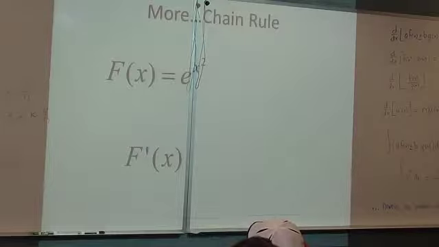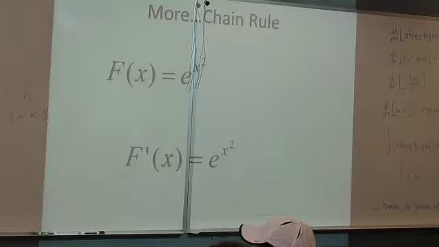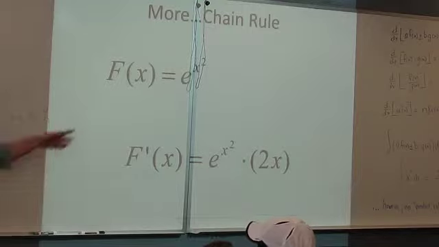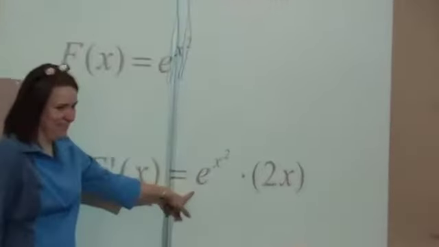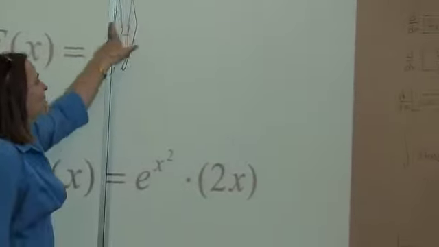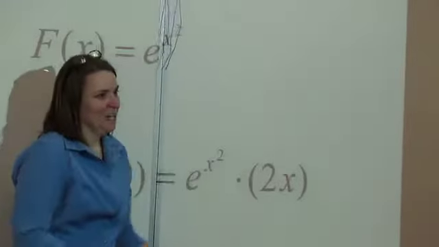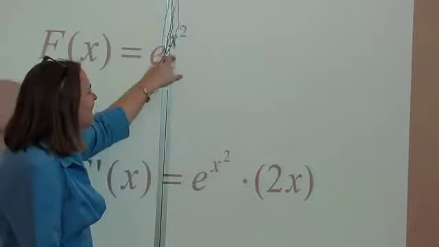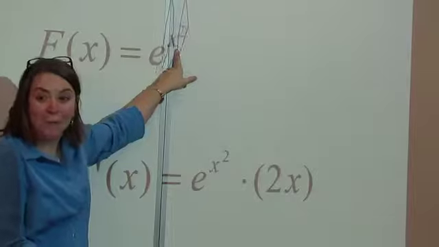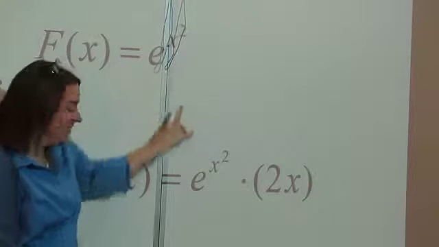E to the x squared, is it? X squared times e to the x squared? So the derivative is almost itself. But we need the derivative of the exponent, chain rule. This is e to the u, where u is x squared.